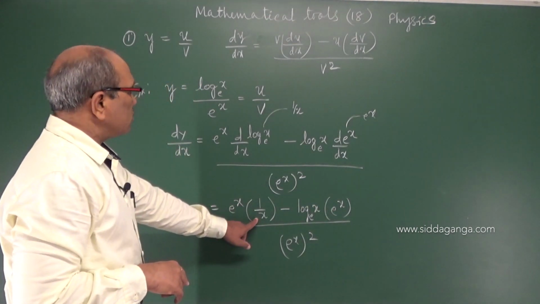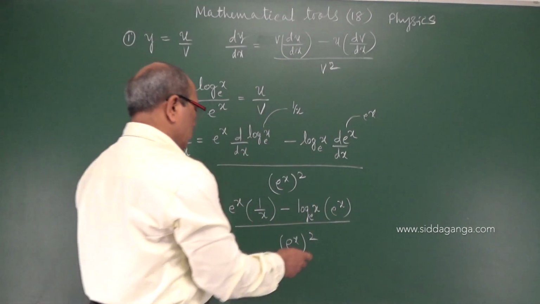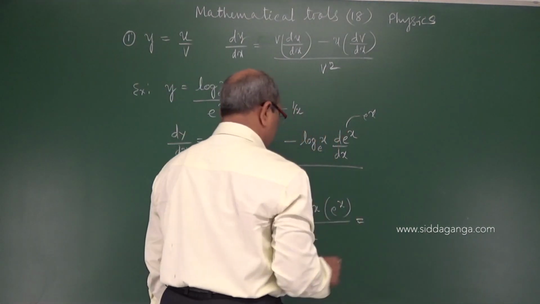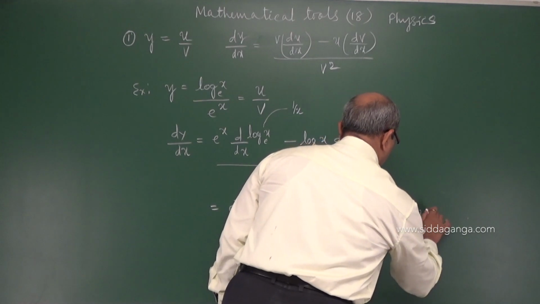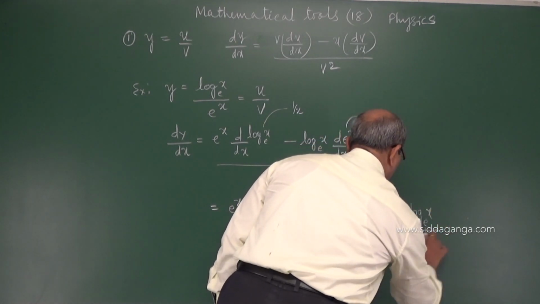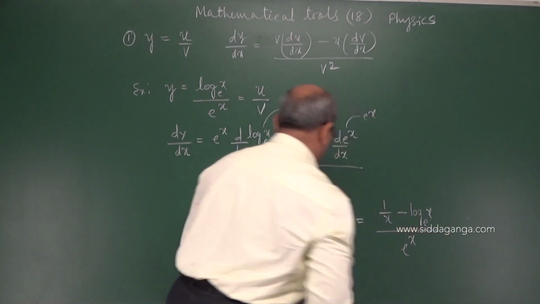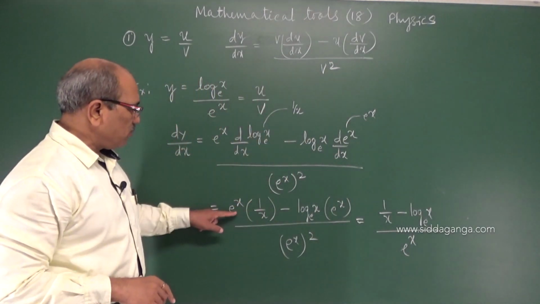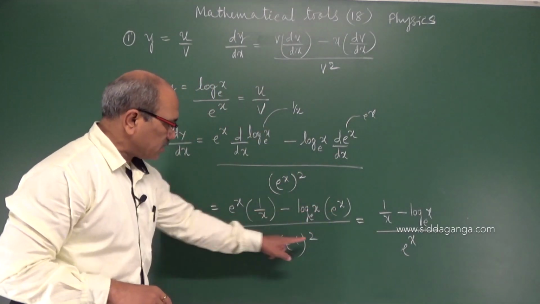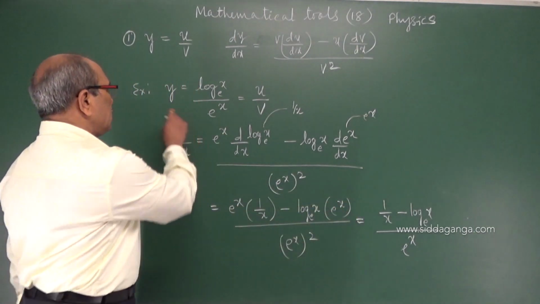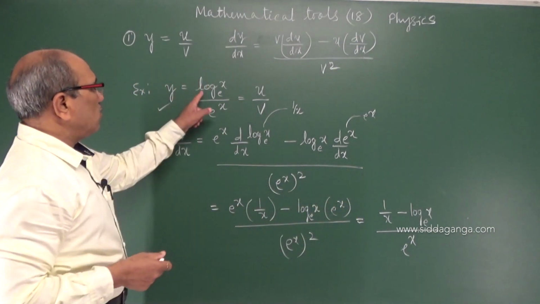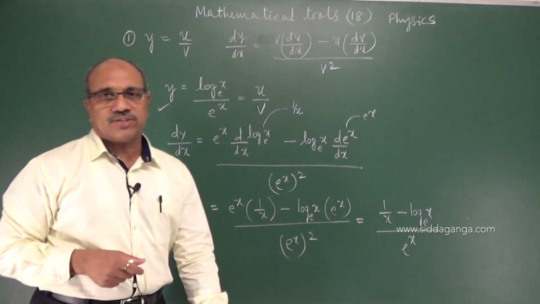Here 1 by x remains as it is, and one e power x cancels. 1 by x minus ln x upon e power x is the answer. This is the differentiation of log x divided by e power x.